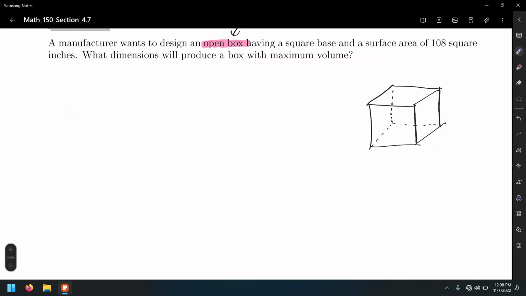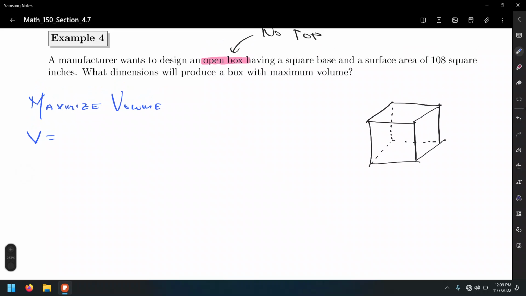Okay, we want to maximize volume, and the volume will be, for now, a function of two variables. Technically the volume of a rectangular box would be length times width times height.